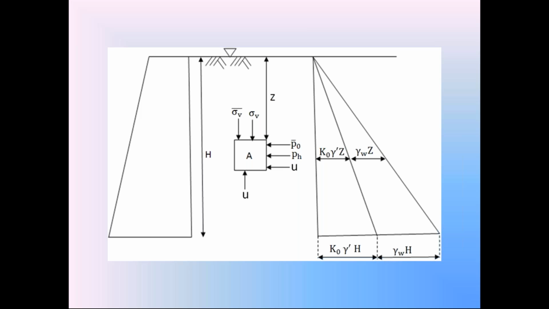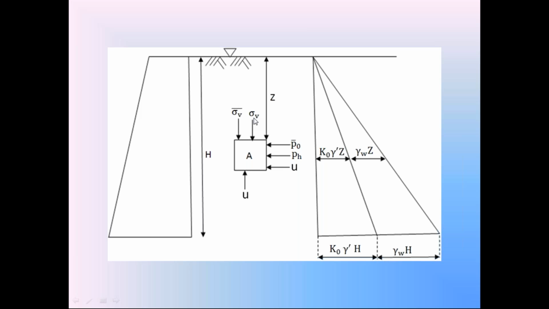So in the sigma V calculation, to find this total vertical normal stress sigma V, we must consider the gamma saturation of the backfill soil. We know that when the soil is saturated, the soil has the unit weight known as the saturated unit weight gamma saturation. So in this second condition, we are going to consider the gamma saturation to calculate this vertical stress acting on the soil.